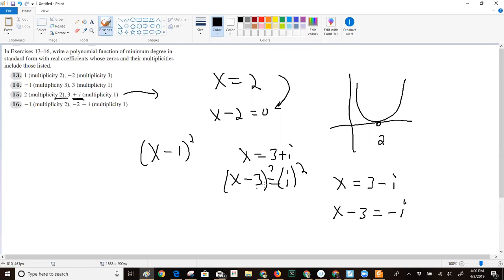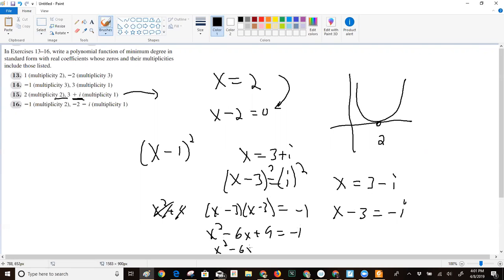Well, when I square x minus 3, please don't write x squared plus 9. Remember, you write a binomial twice, and then FOIL it. And then, of course, i squared is negative 1. So this is going to give me x squared minus 6x plus 9, which equals negative 1. So that tells me x squared minus 6x plus 10 is one of the factors.